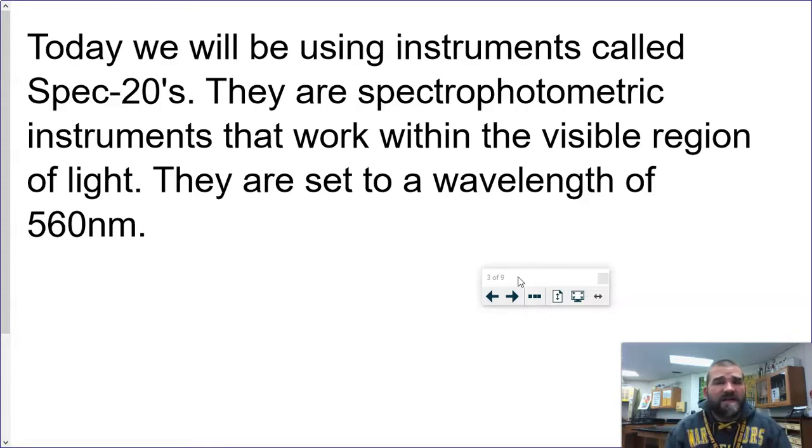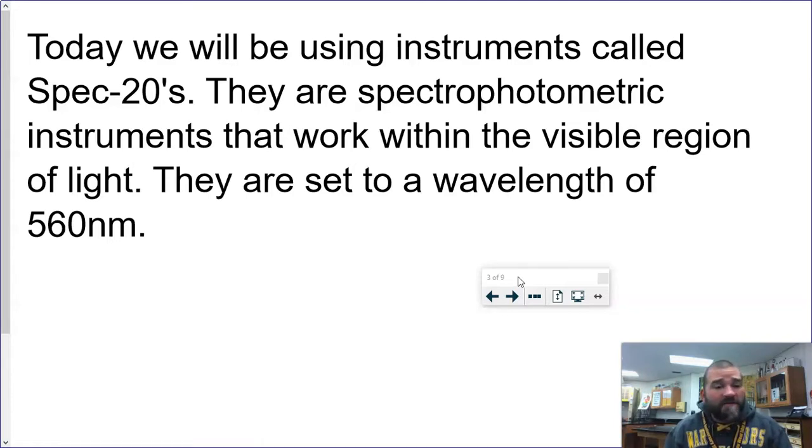560 nanometers is greenish, bluish. It sounds weird that we would use green light for a blue dye. But if we use a more blue wavelength, it's so intense that it goes off the chart on the instrument, so we can't get a good reading.